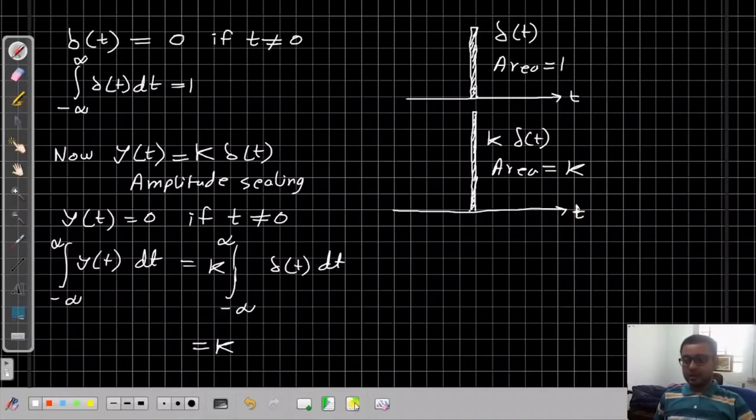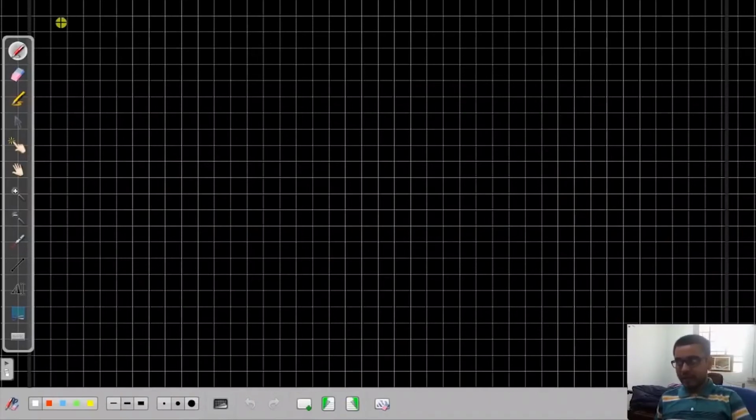Okay. Now let me ask a very important question. Suppose I define y(t), a function which is x(t), some other arbitrary function, multiplied by delta(t).